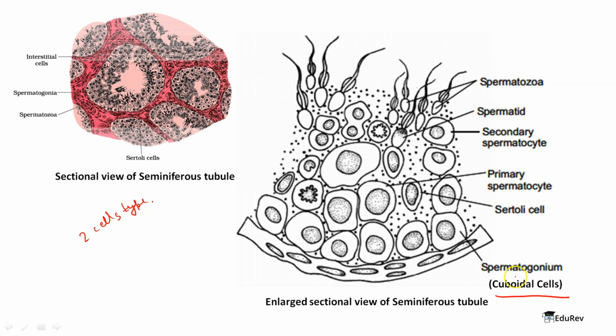These cells are known as the sperm mother cells or spermatogonia, which divide to form the sperms. That is, these cells are responsible for the formation of sperms.